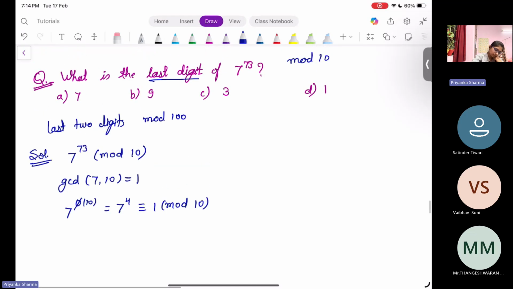Now using this, you can reduce 73. So up to 72 you can write as power of 4. The answer is 3. Because the result will be 7, then 7 again we have to go by mod 10. So what is the problem there? 7 mod 10. No problem. So what will be the answer? 7, not 3.